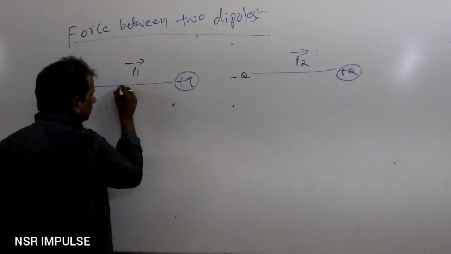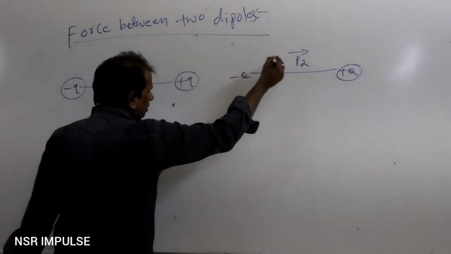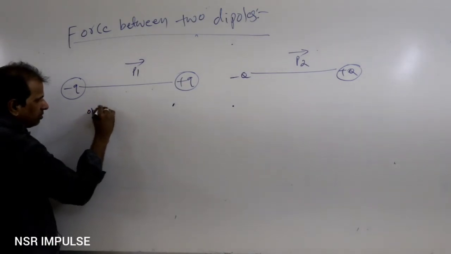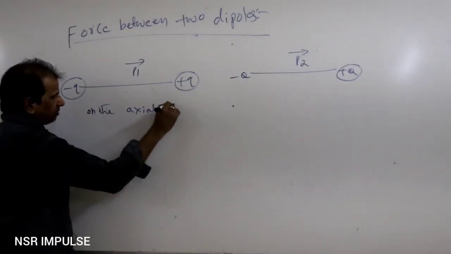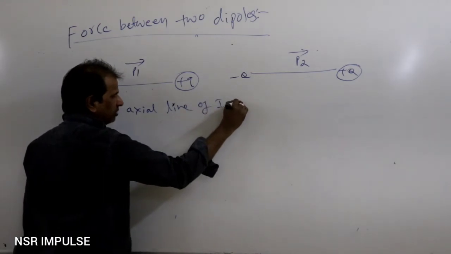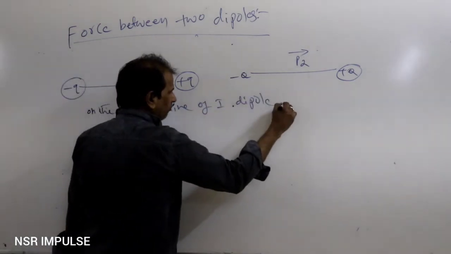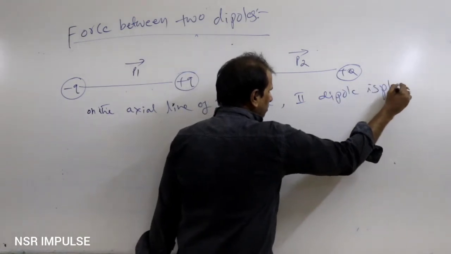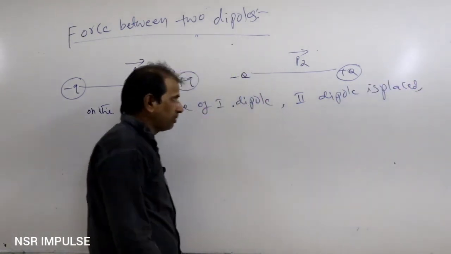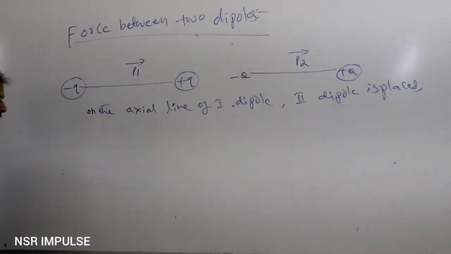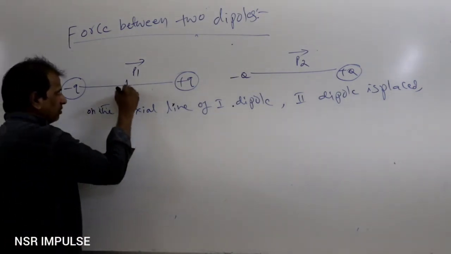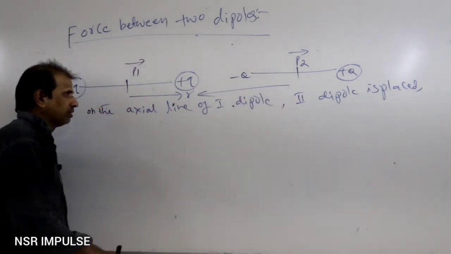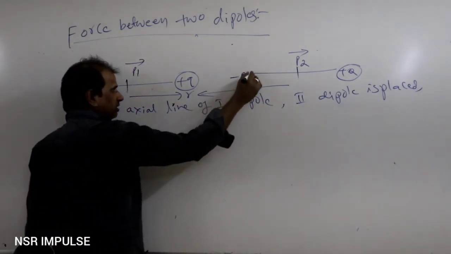So on the axial line of the first dipole, the second dipole is placed. Distance between these two centers is r.